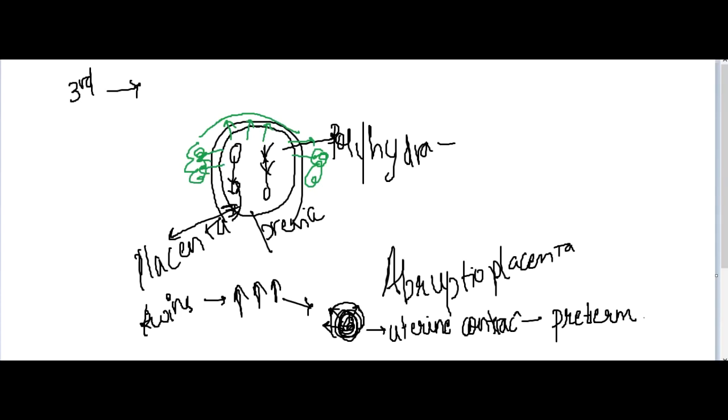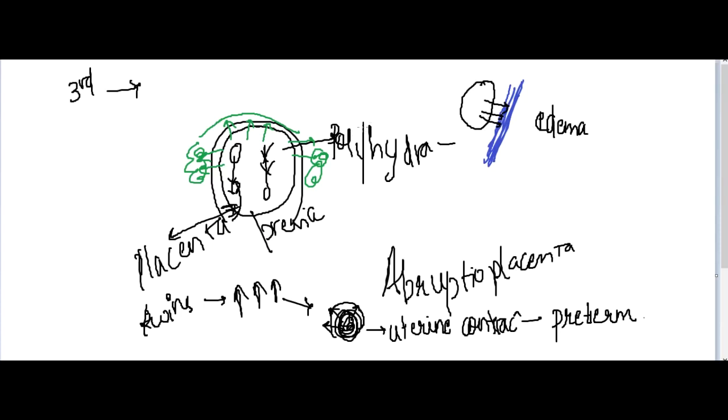It can also compress the inferior vena cava. If this is the inferior vena cava and the uterus will be somewhere here, this uterus may compress the inferior vena cava and this can also cause pedal edema. So these are the antenatal complications of twin pregnancy.